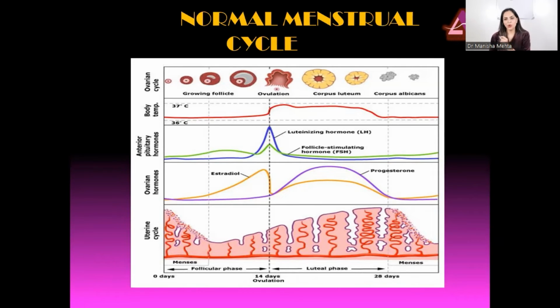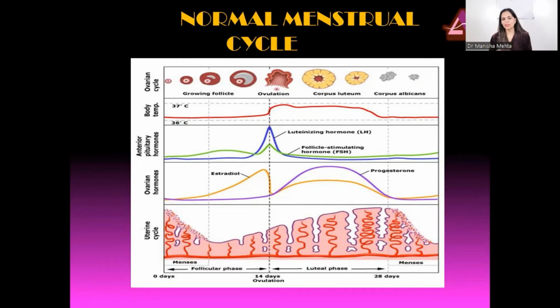So what you have to do, when you see a follicle-like thing only, even if you've given HCG, but you still see that follicle-like thing only on ultrasound, is just get a progesterone sample for this patient. If the progesterone is high, you know that the ovulation has occurred. So don't bother about it. It is a corpus luteum only.